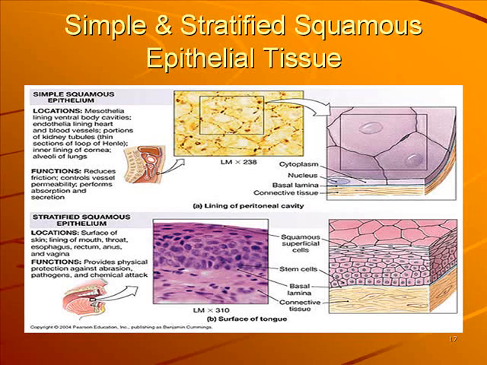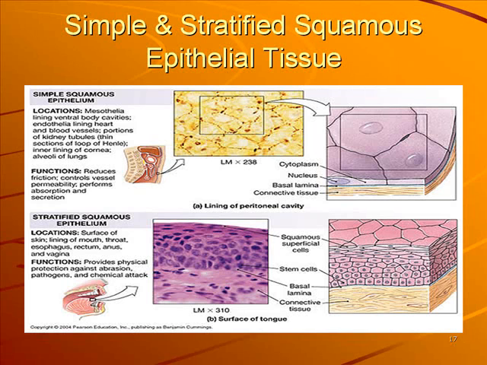In stratified squamous epithelium, we see this on the surface of the skin, lining of the mouth, the throat, the esophagus, the rectum, the anus, and the vagina. Basically, any area of the body that has contact with the external environment has stratified squamous epithelium.